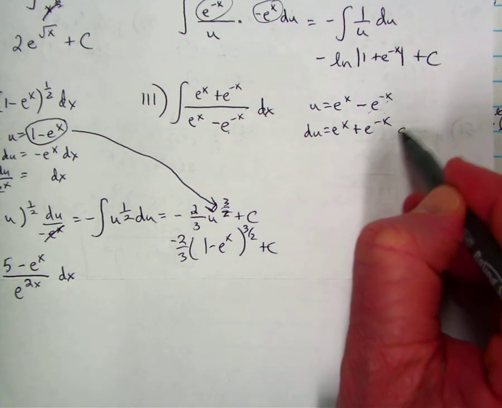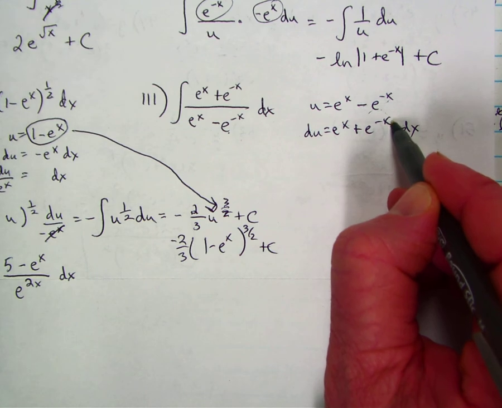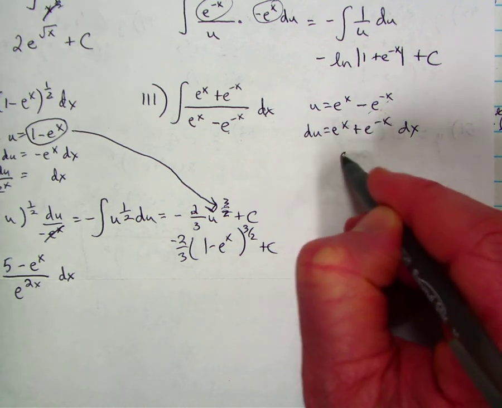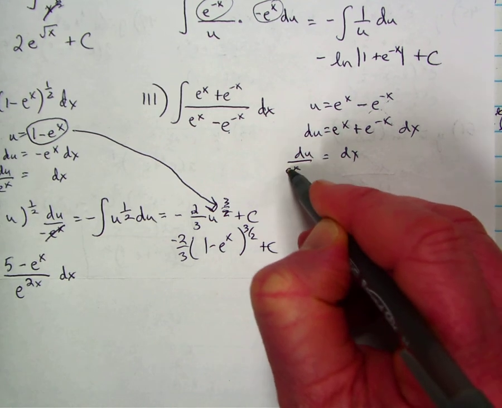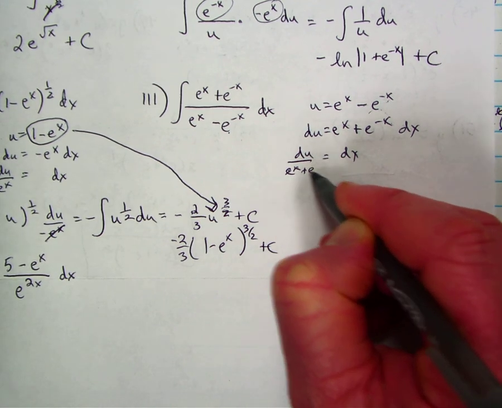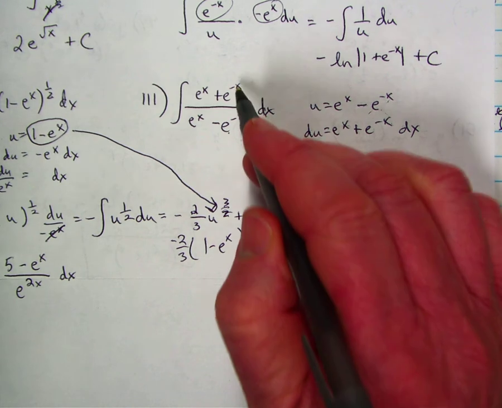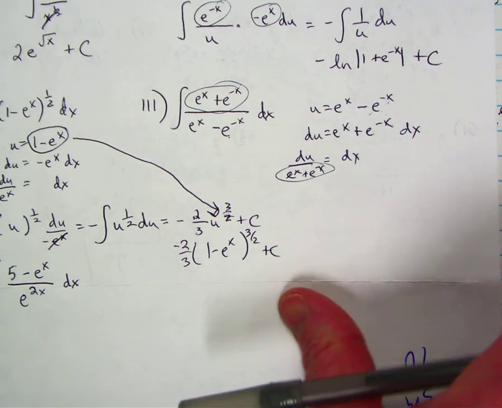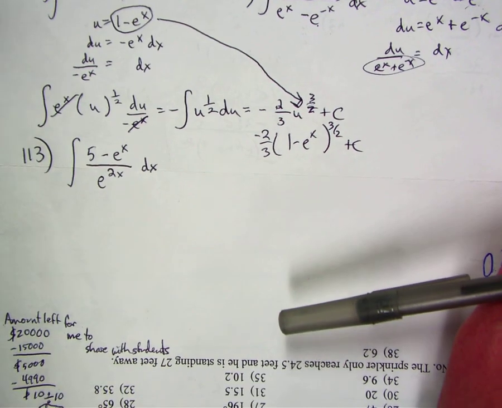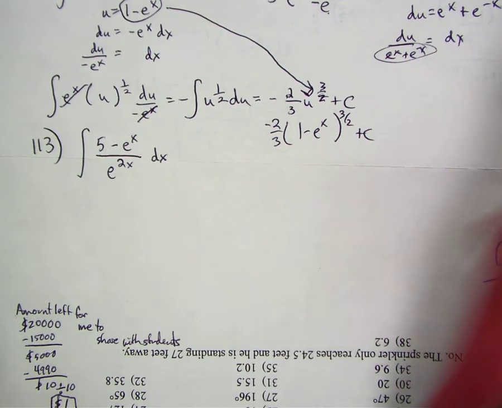And you notice, if you're going to solve for dx, dx is just going to cancel right out. This is going to cancel out there, and you're just going to have 1 over u. It's going to be a natural log. So they start to follow a pattern. Let me get to the bottom of the paper here. Sorry, I'm using some scrap paper.